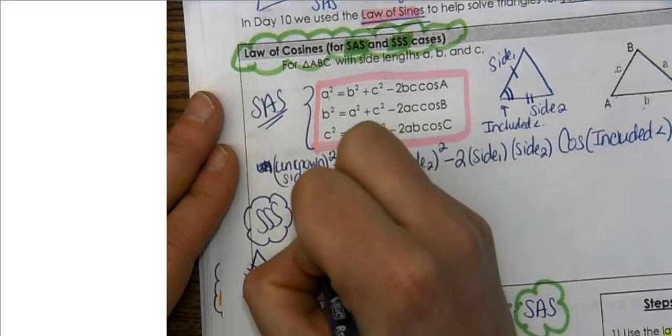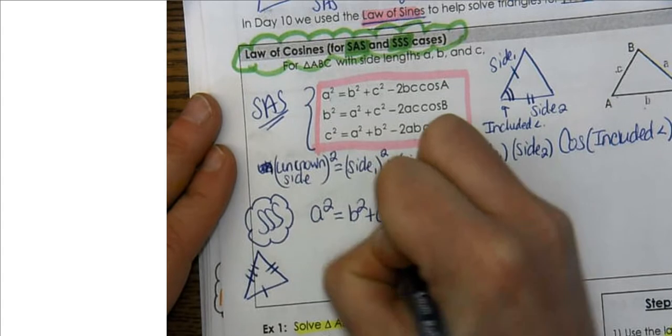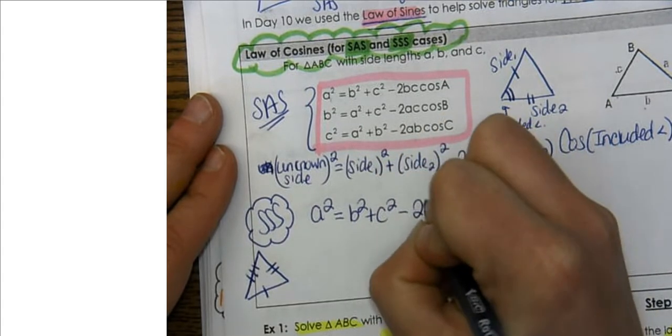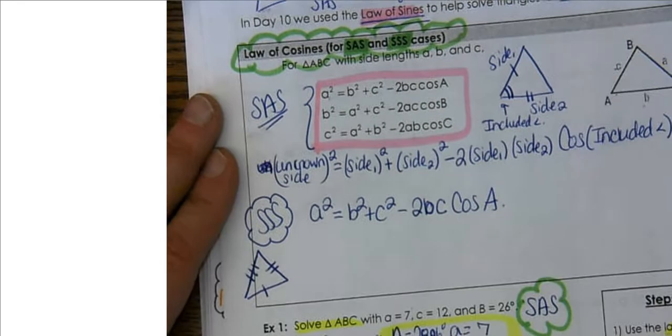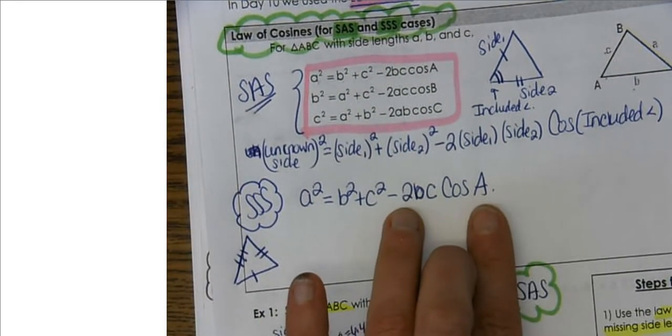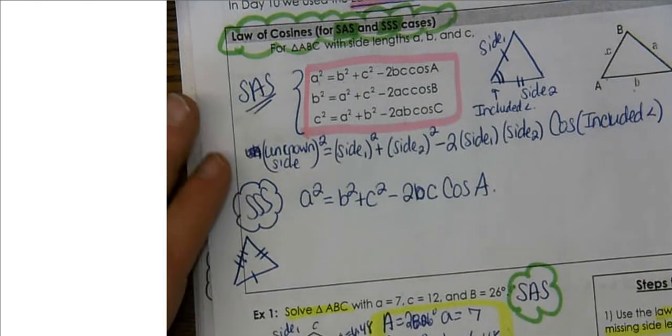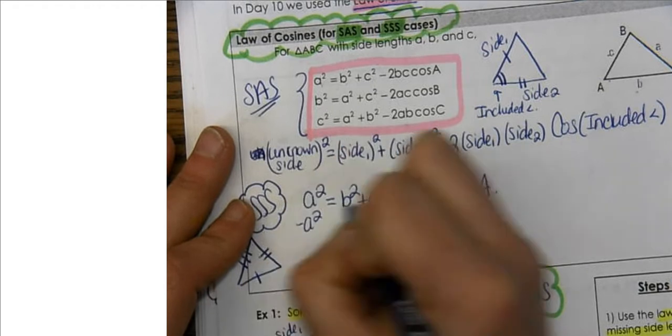So I'm going to write a squared equals b squared plus c squared minus 2bc times the cosine of angle A. And I want to get the cosine of angle A alone. So I'm going to do like a switcheroo, and I'm going to subtract a squared on both sides.